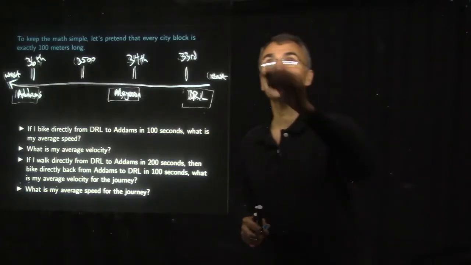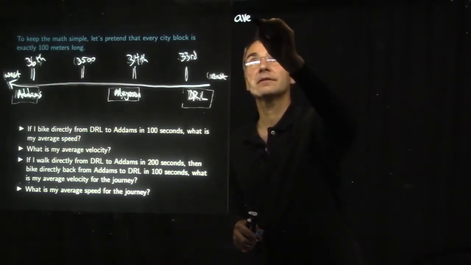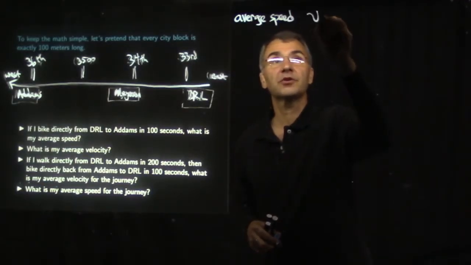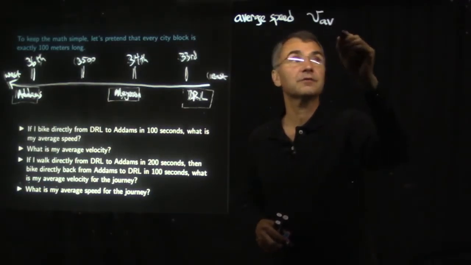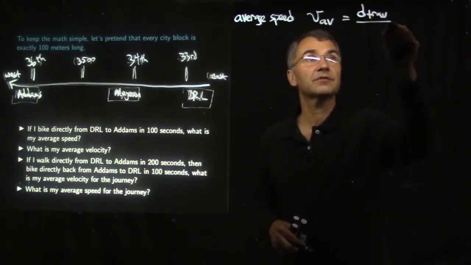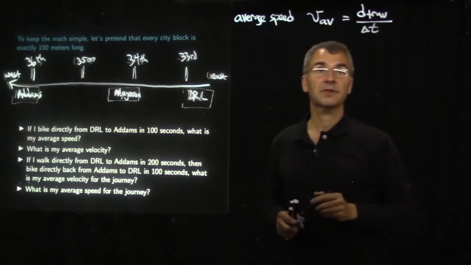Well, average speed, which we usually say is v_av, is the distance traveled divided by the elapsed time.